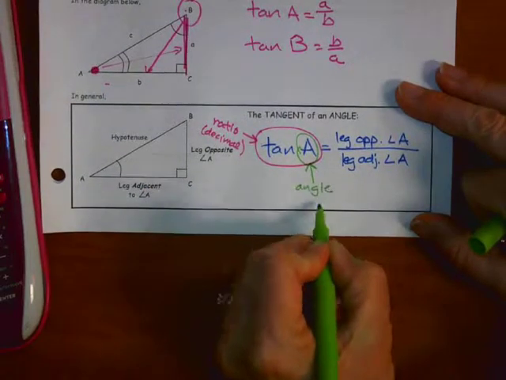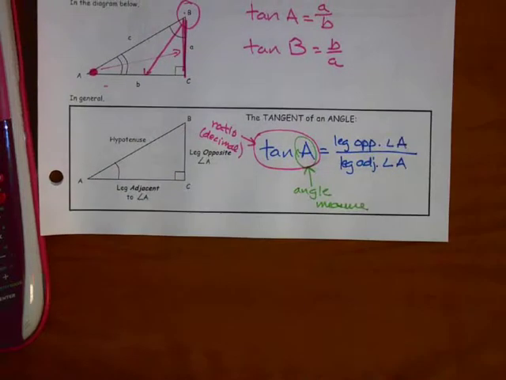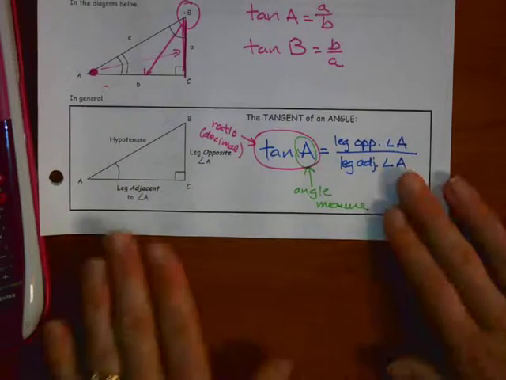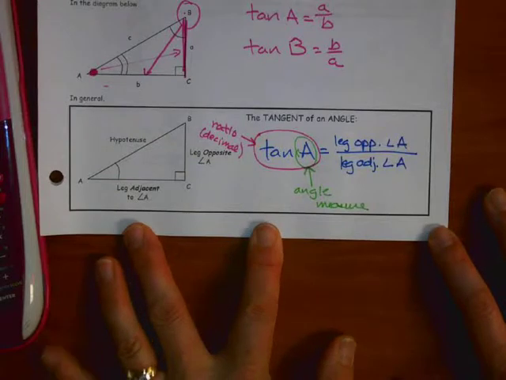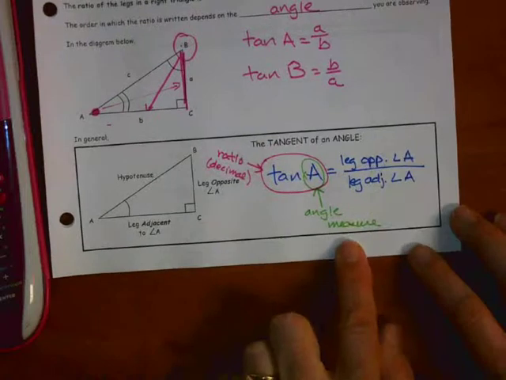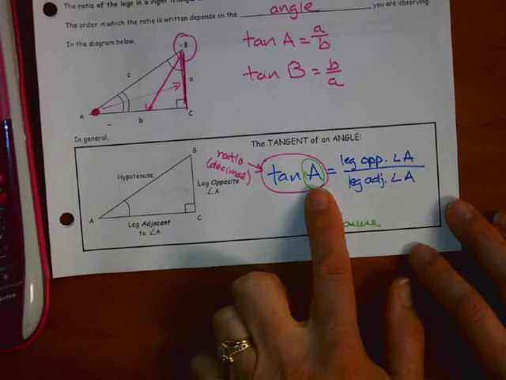So sometimes you'll see tangent of 40 degrees, tangent of 35 degrees, tangent of 50 degrees. Okay? And we're going to use this a little bit now. So turn the page. What's the word, Sam? Angle measure. So this would be 40 degrees, this could be 35 degrees, this could be 50 degrees.